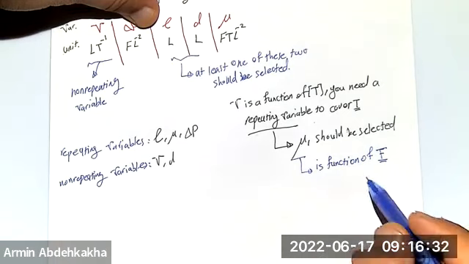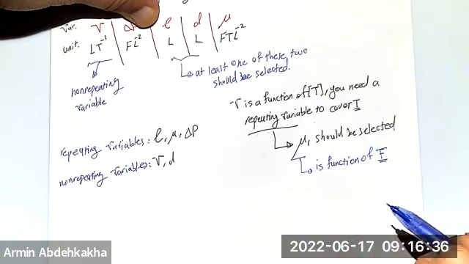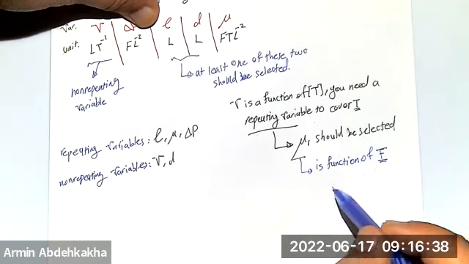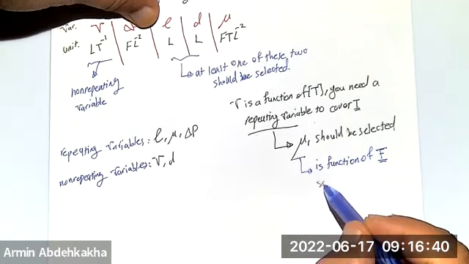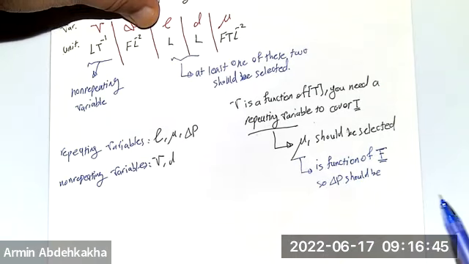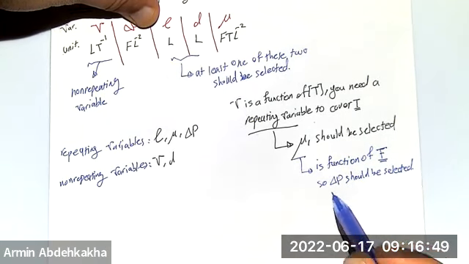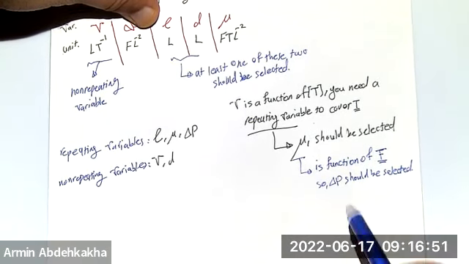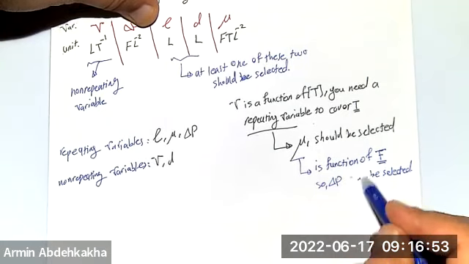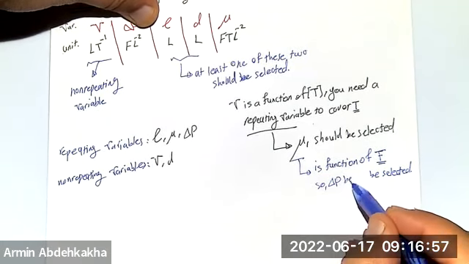So for sure, delta P also should be selected, right? It's better to be selected.